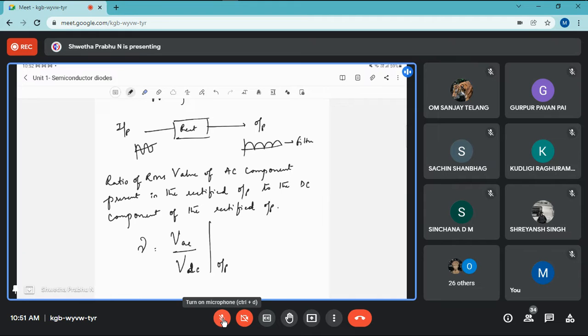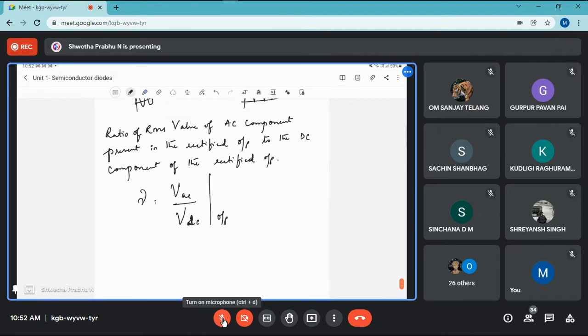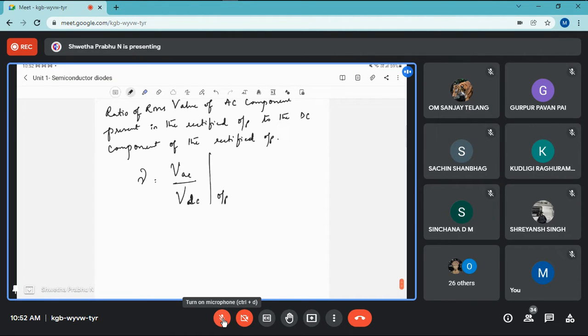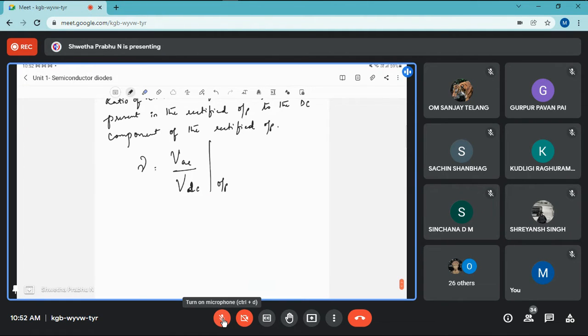Here you have derived the relation for VAC, VDC and all. One more equation will come into the picture: the total power we have to consider. The total output power is the sum of power with respect to DC and AC components. With respect to this, we will derive the ripple factor.